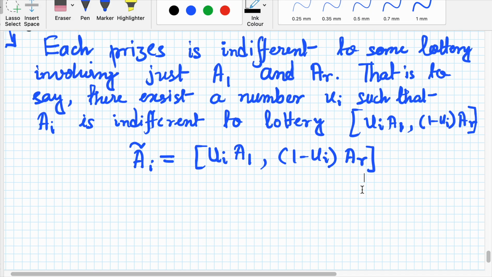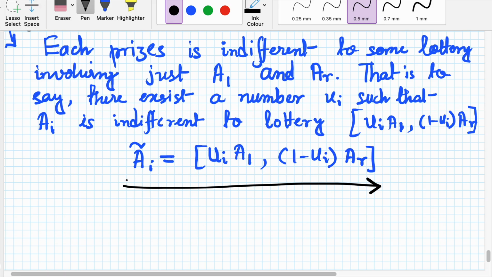Now why is this assumption or axiom quite feasible? Let me explain.